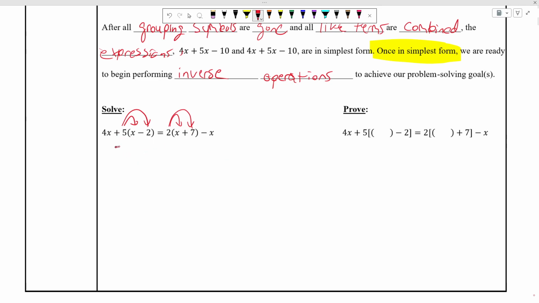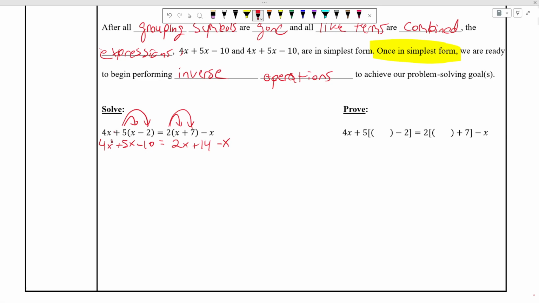So I want to remove all my grouping symbols by performing distributive property. This becomes 5x. This becomes minus 10. I got 4x here. Let me create more space here. There we go. Okay, equals. Now let's see. I got a 2x, and now I have a 14 minus x. Okay, great. Distributed everything.